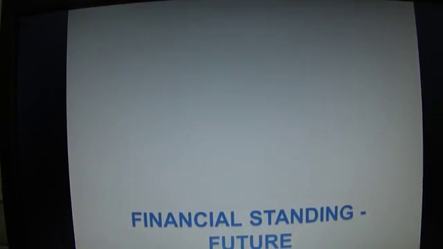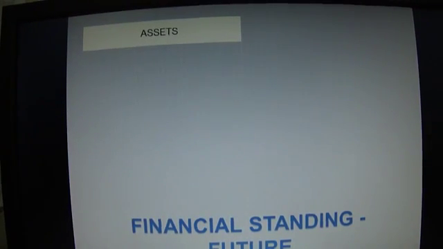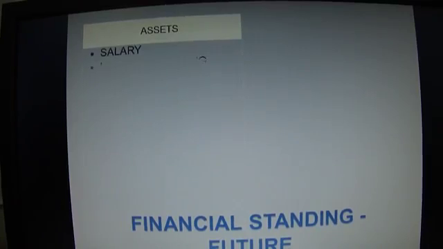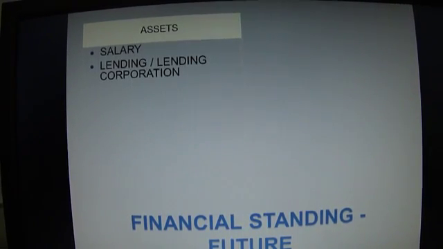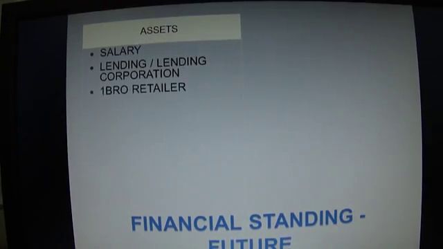Continue applying the principles of financial literacy. My future projection on my financial standing is this. My assets will still be my salary. My lending business will turn into a lending corporation. I'm still a Wambro retailer.